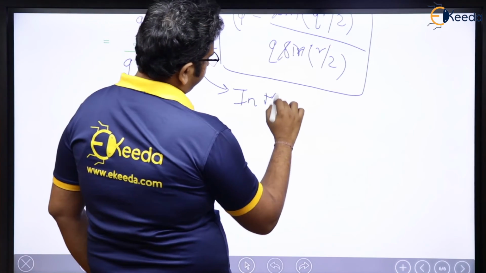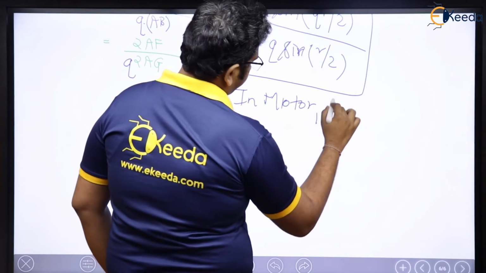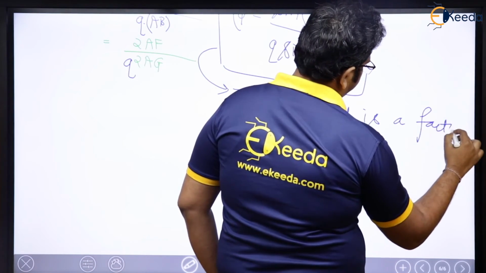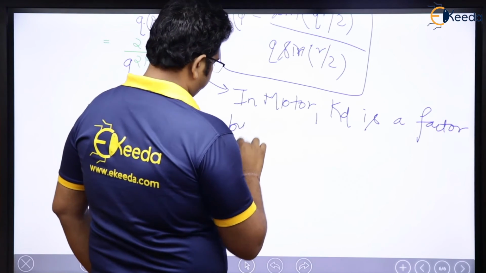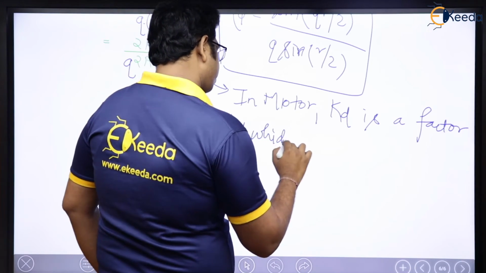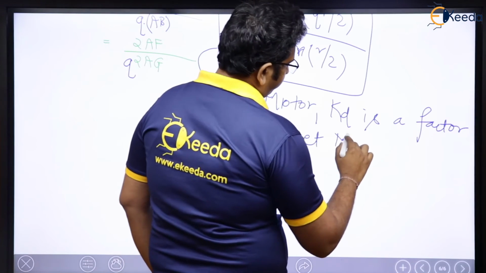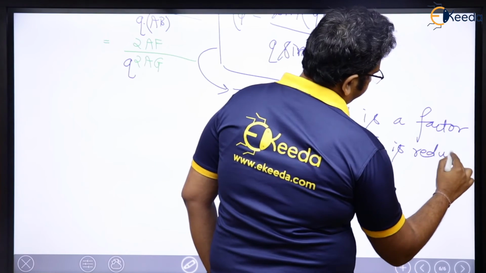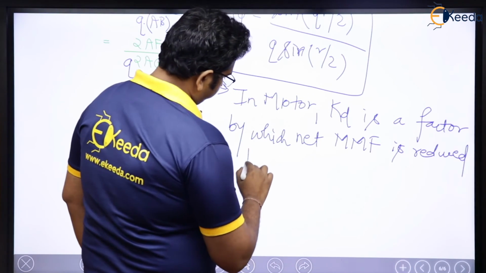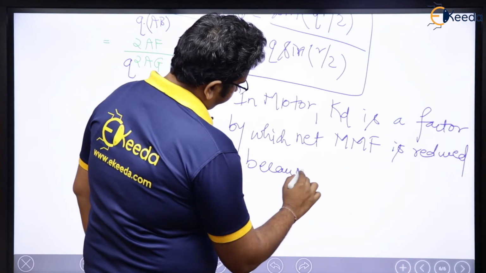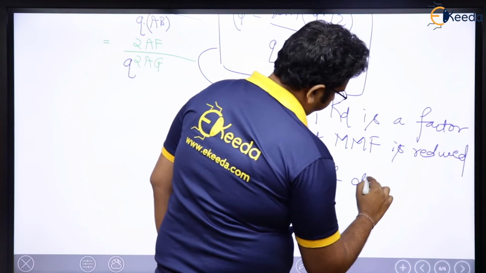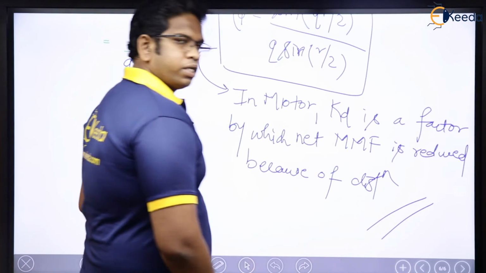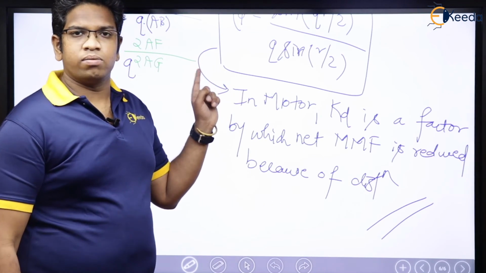In motor, KD is a factor by which net MMF is reduced because of distribution. I hope you are getting the point. So this is going to be KD for motor.